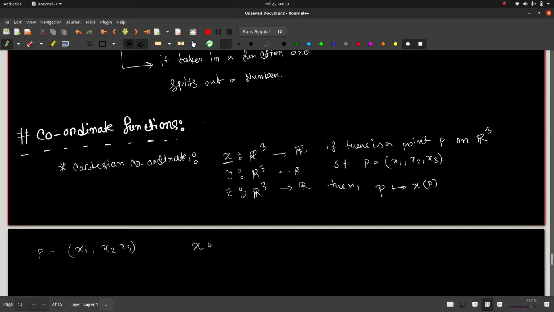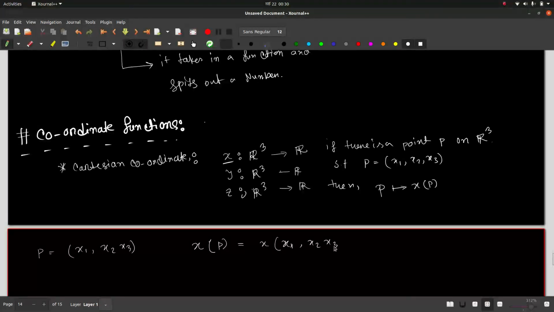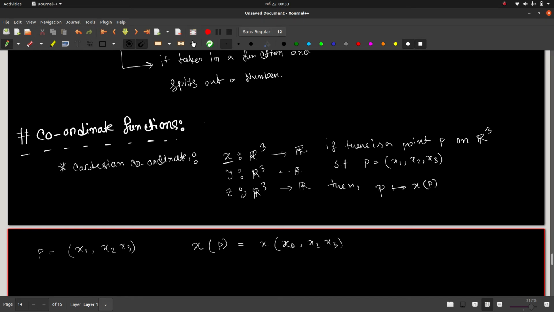That means if P is written as x1, x2 and x3, then acting x, the Cartesian one, over P will result in the following: x1, x2, x3, and it will pick out the first coordinate, and it will just return you x1. How is that happening? Well, we are defining this x function in that way.